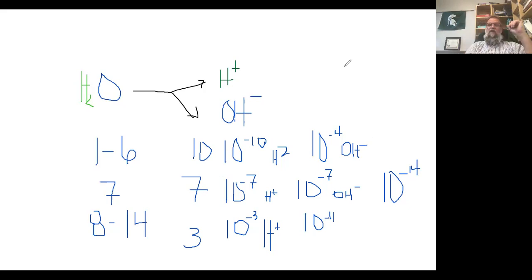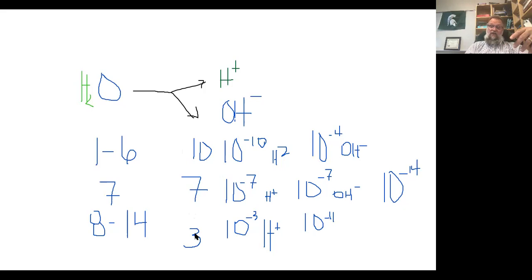The other key thing that I'll point out on pH is that the difference between pH levels is 10-fold. Each level is a 10-fold change. Because if I go to pH 6, that's 10 to the 6th, a 10-fold change.